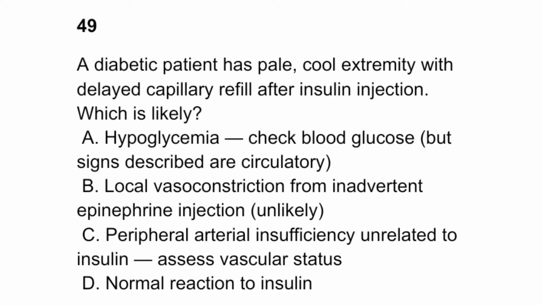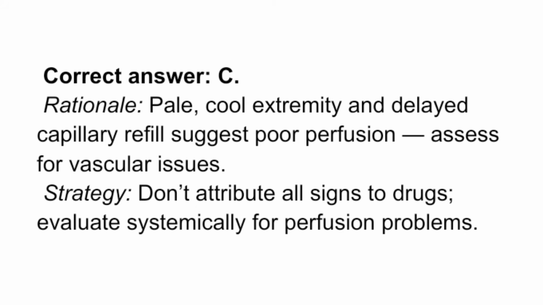C. Peripheral arterial insufficiency unrelated to insulin, assess vascular status. D. Normal reaction to insulin. Correct answer, C. Rationale, pale, cool extremity and delayed capillary refill suggest poor perfusion, assess for vascular issues. Strategy, don't attribute all signs to drugs, evaluate systemically for perfusion problems.